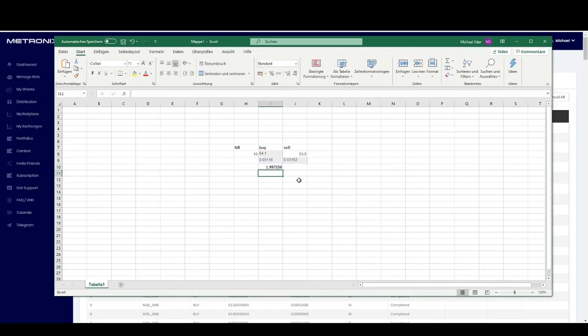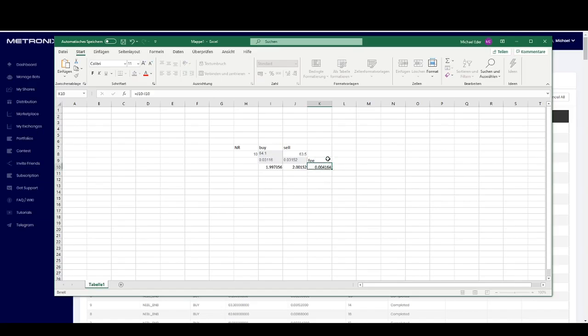Very good. So now we take a look at what the price was. The price for buy was 1.99 BNB, and the price for sell is 2 BNB. So we have a difference of 0.041 BNB. Why do we have this difference?